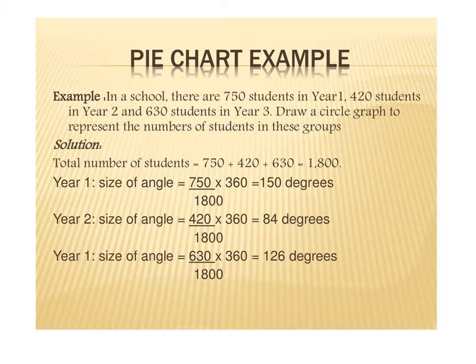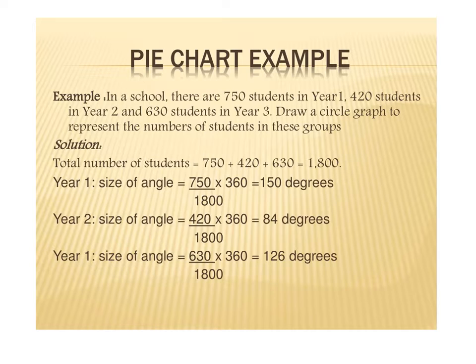For this solution, we first add up all the students. The total number of students is 750 for first year plus 420 for second year plus 630 for third year, and the total sum is 1800.